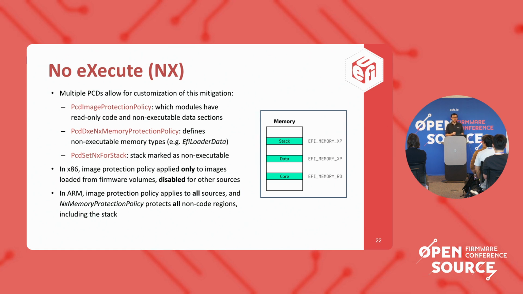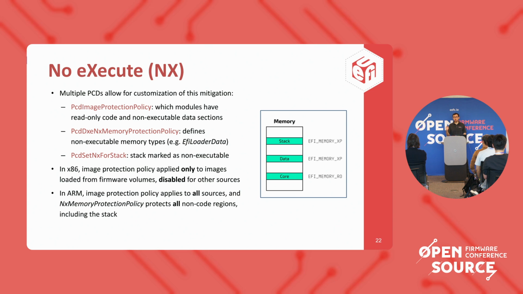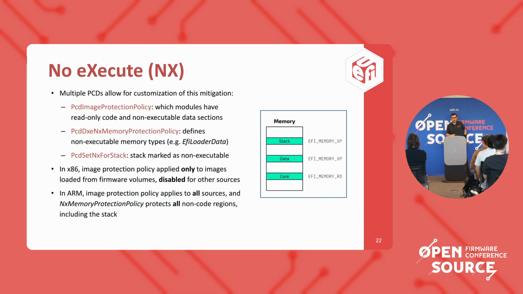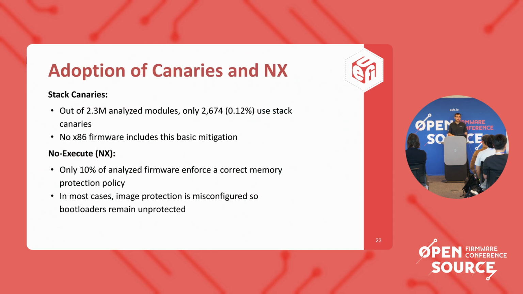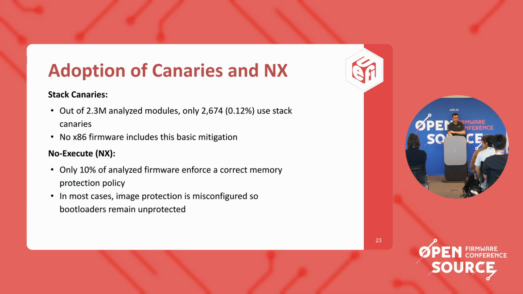For ARM images, instead, it was actually much better, since the policy was covering all sources, and all the non-code regions, including the stack, were marked as non-executable. So that was good. These defaults actually show up, and you can see them when you check for modules and firmware in the wild.